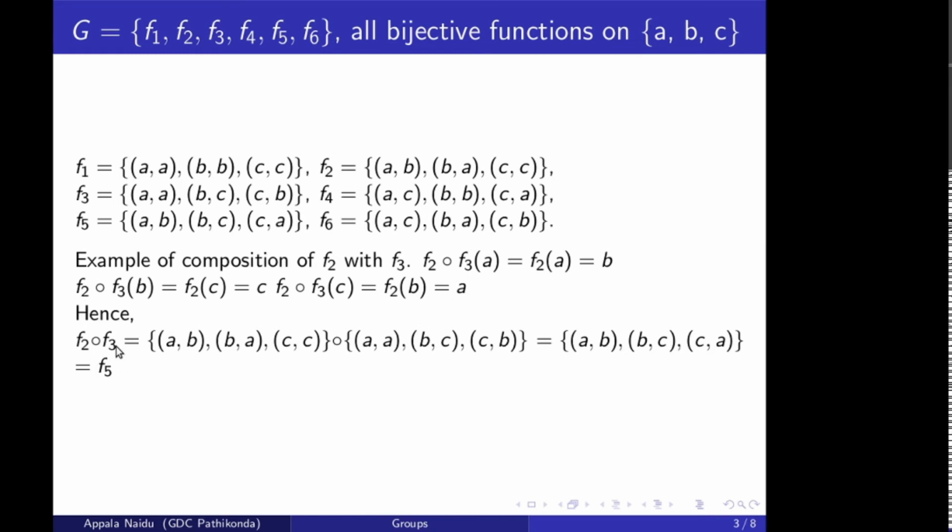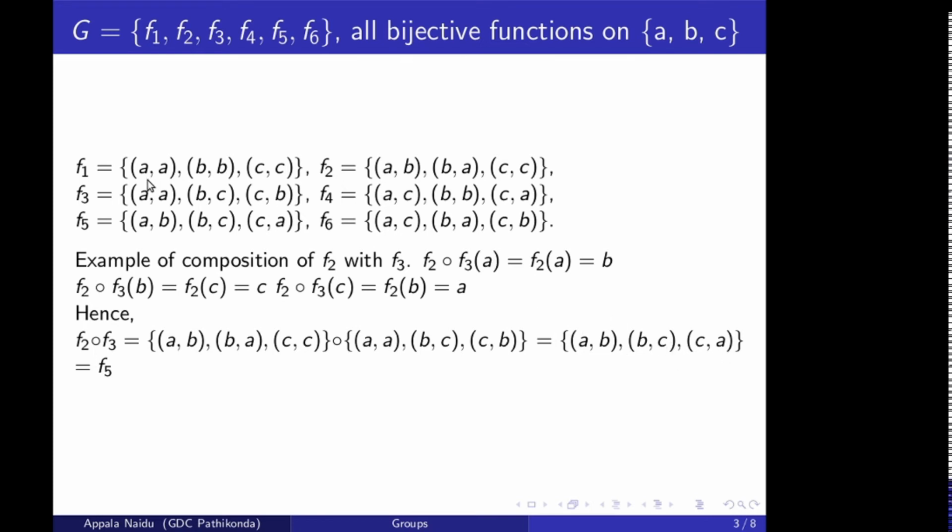The total composition F2 circle F3 is: A is going to B, B is going to C, C is going to A. What is this?